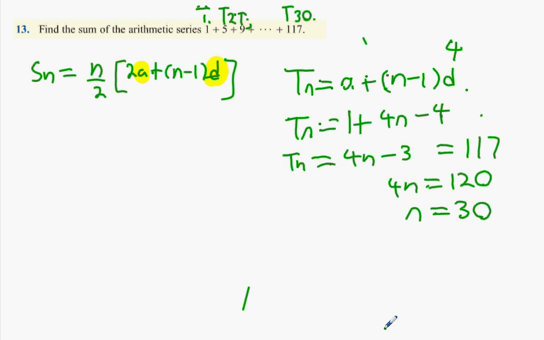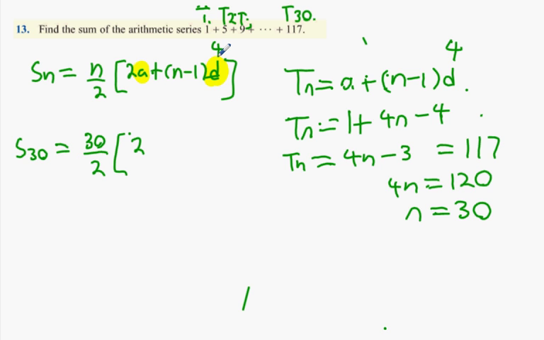Now that we know it's T30, what's all of them added together then? S30, the sum of the first 30 terms. So we can put in all the numbers, can't we? n over 2 is 30 over 2, otherwise known as 15. 2a, what's a again? a is 1, so 2 times 1 is 2. d is 4.